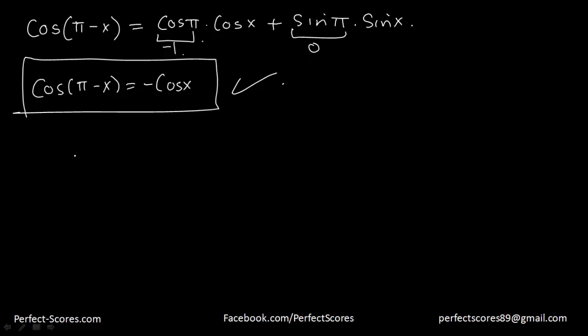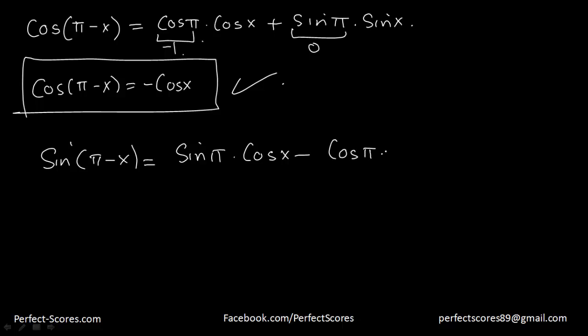Another important result would be that of sine of pi minus x, which is going to be equal to sine pi into cos x minus cos pi into sine x, right? So if we use this again, it's sine of x minus y is sine x cos y minus cos x sine y.